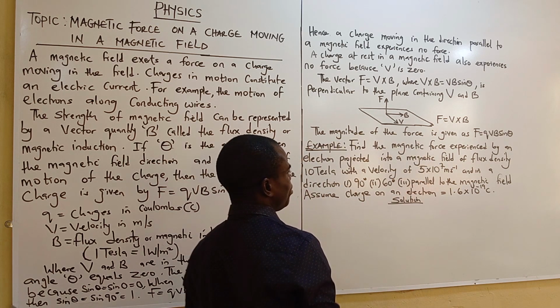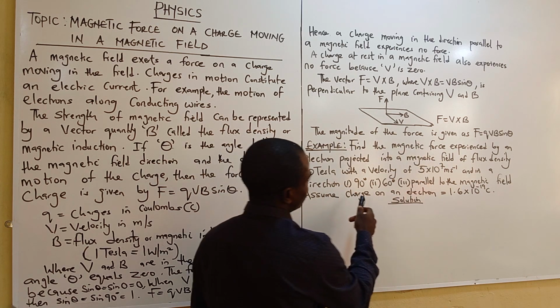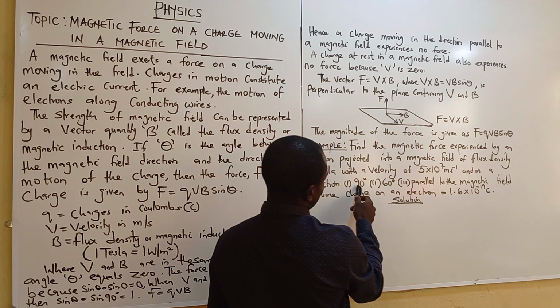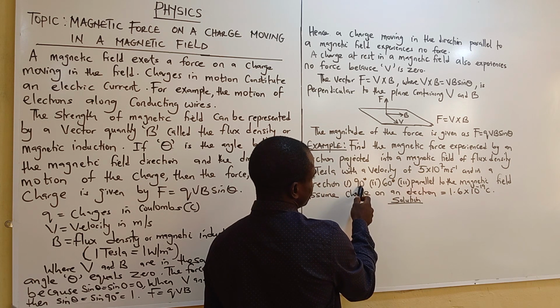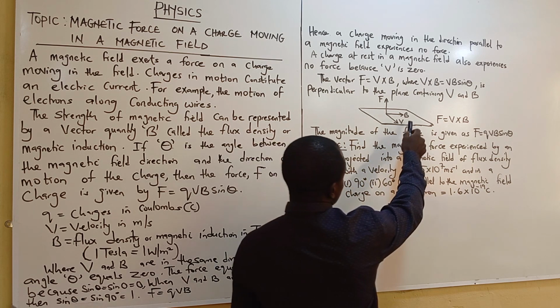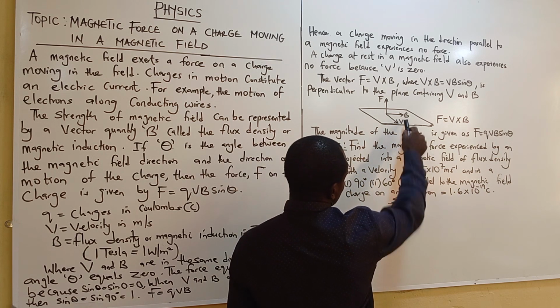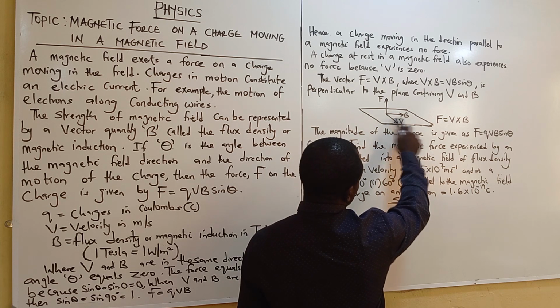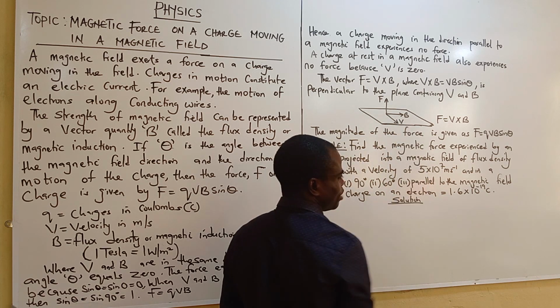Now let's solve a problem. They can be at an angle to each other. You can see, find the angle in this question. That's an angle of 90 degrees, B and V at an angle of 90 degrees to each other. It can be at an angle of 60 degrees, but when they are parallel to each other, it will be 0.